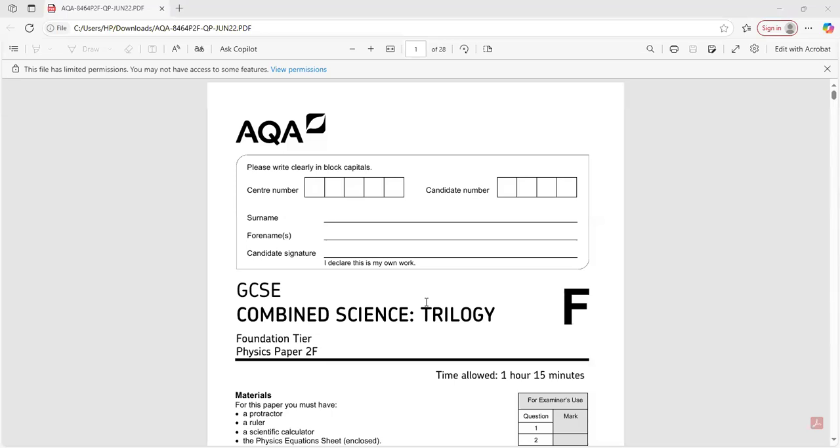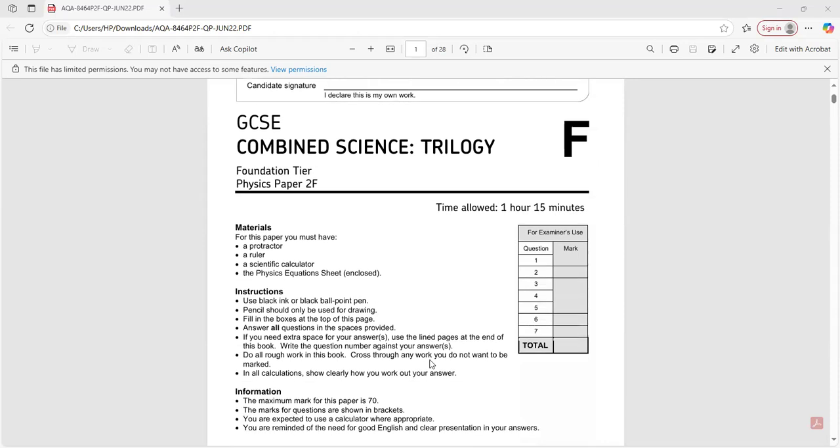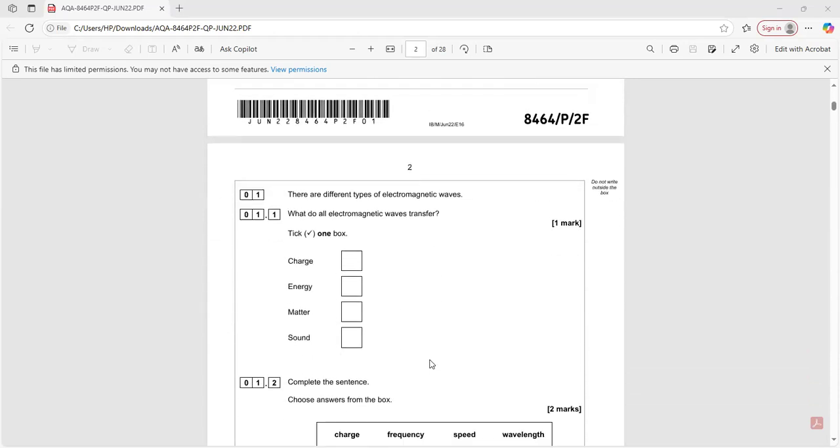Okay, so this is 2022 physics paper 2 foundation. All right.